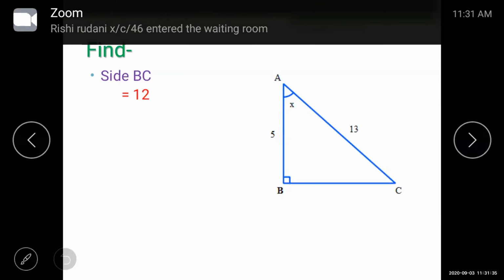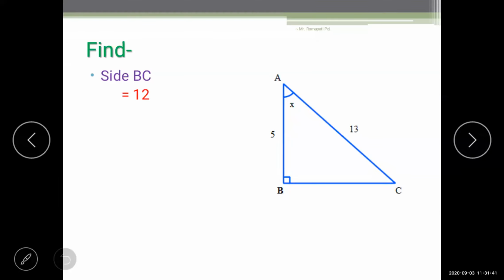Let's see what cos x is. It is 5 upon 13 because cos x is what? Adjacent upon hypotenuse, correct? That is 5 upon 13.